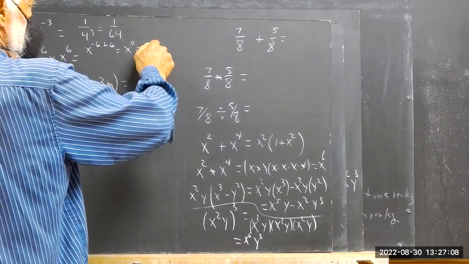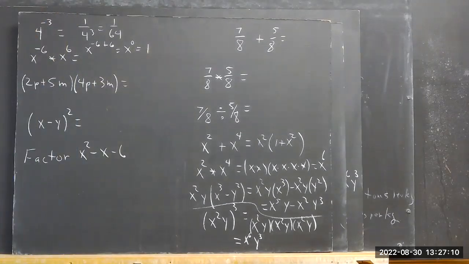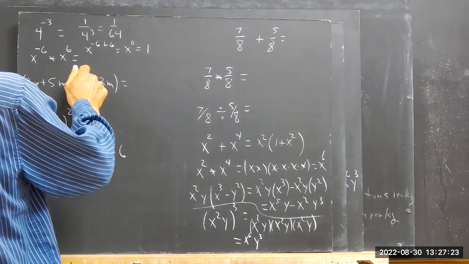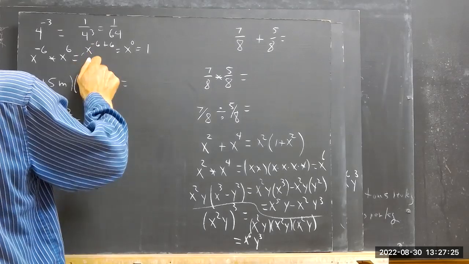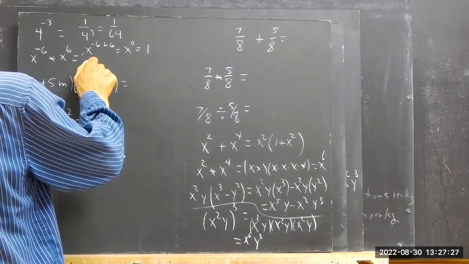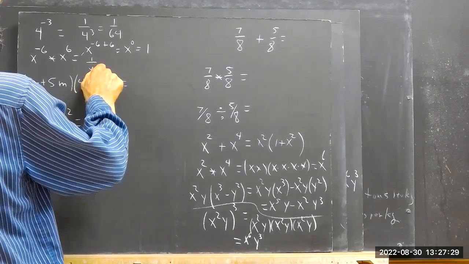It should be drilled into you pretty well, but in my experience it isn't. At least half the students will tell me x to the 0 is 0. Okay, multiply by 0, you get 0, but that's not multiplying. It's got to be 1 because we could also say, that's one way to do it. Another way is x to the negative 6 is 1 over x to the 6.